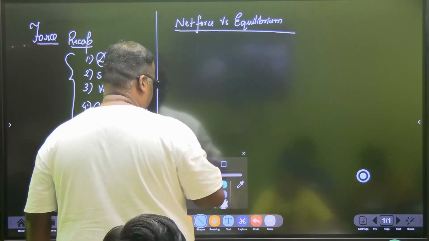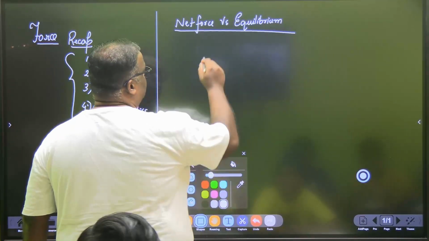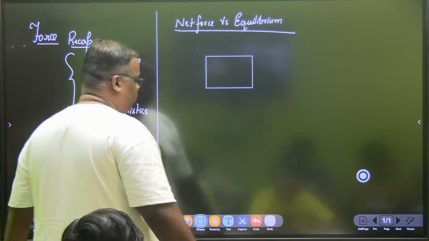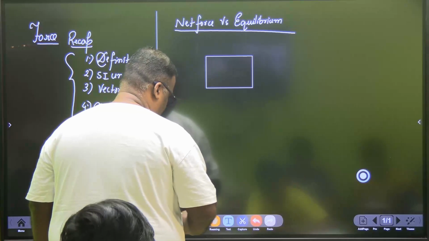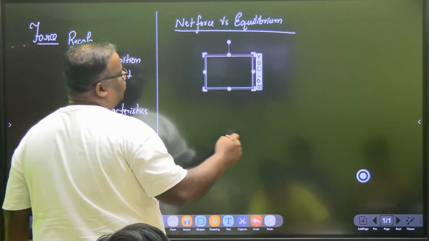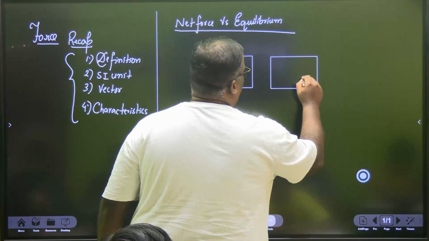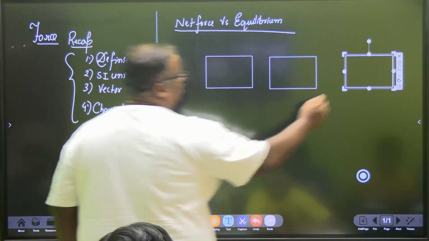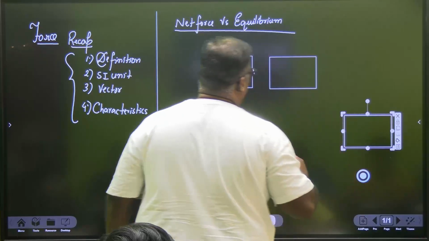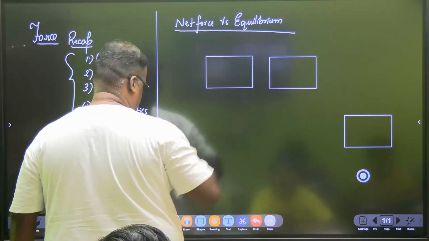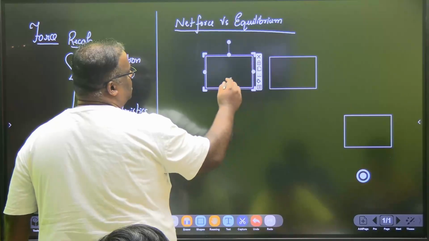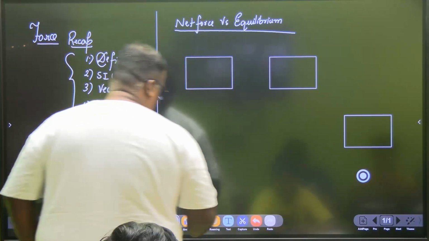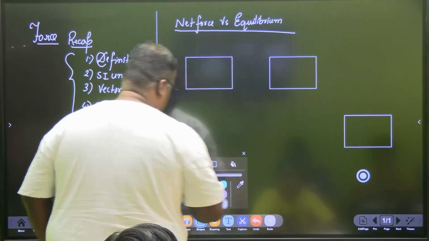Okay, now see. Suppose you have a body, and forces are acting. Let's say we have a body and forces are acting on the same side. So this is one more scenario. Try and understand what we are trying to say here. Now we will bring some forces which will be acting on this body.